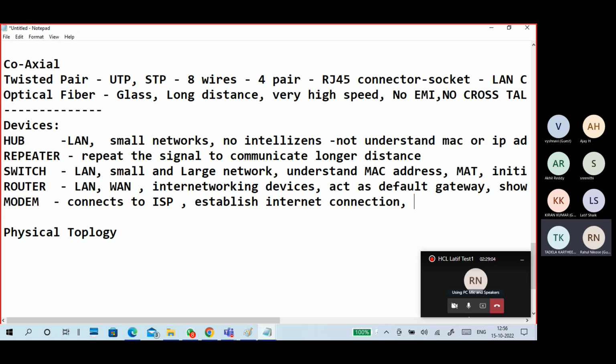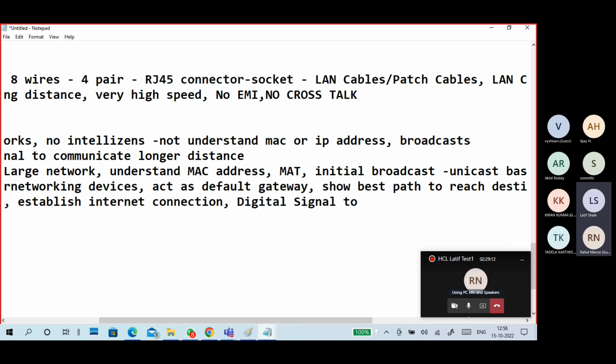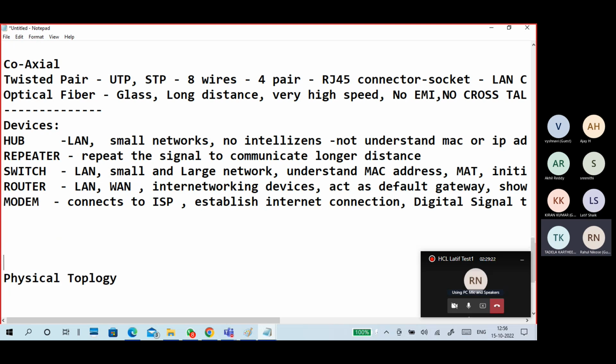It converts your digital signal to analog signal. That is the main point.